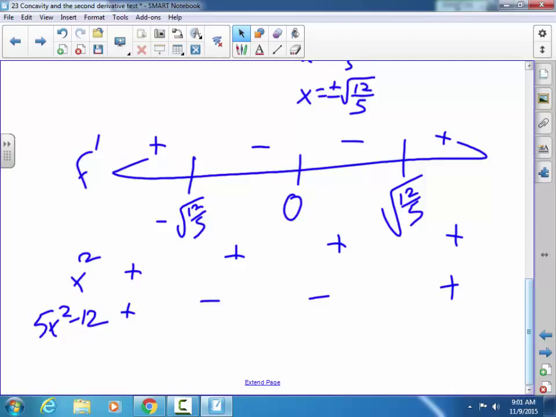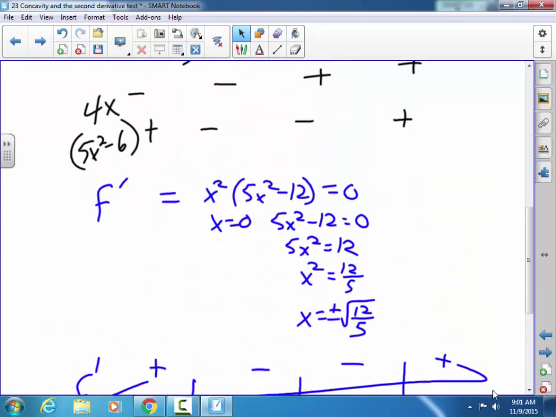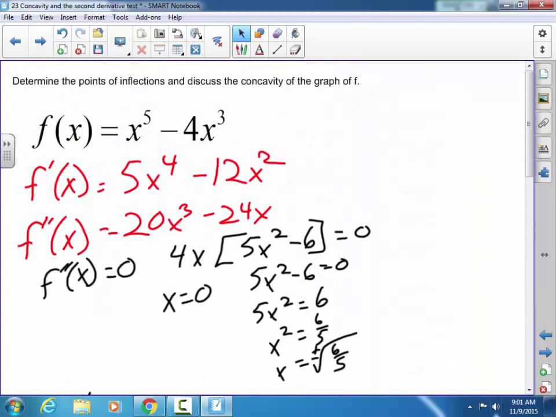Oh, y'all talk about it. Talk with somebody about it and see what y'all think. I'm gonna hide the screen and go up here and actually graph this puppy and see how close y'all come to it.